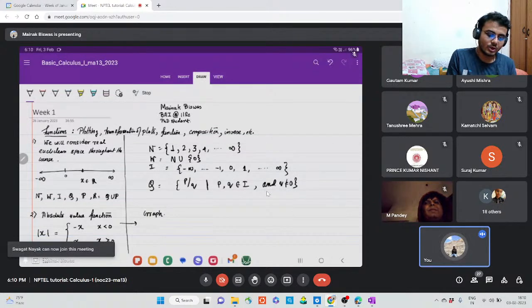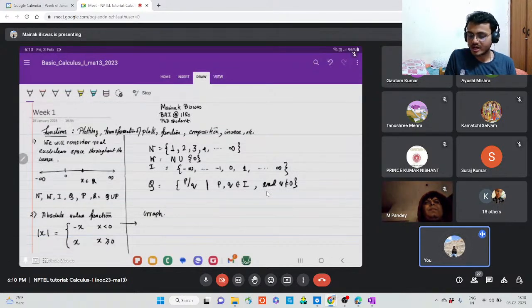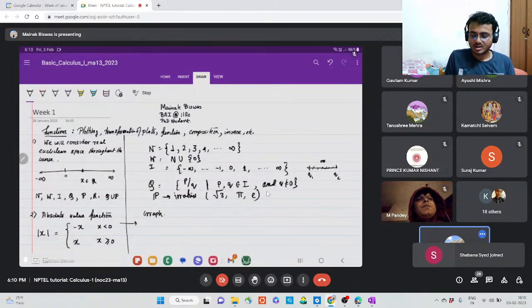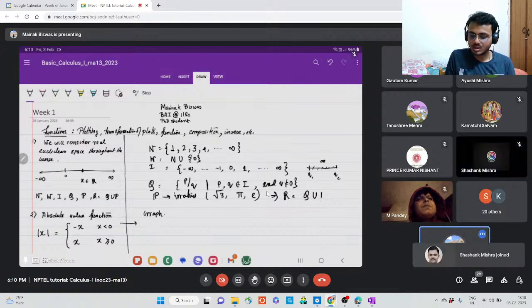And between any two rational numbers, there are infinite number of irrational numbers. These are irrational numbers, for example, root 3, pi, e, etc. And the real number line is defined by the union of the rationals and irrationals.